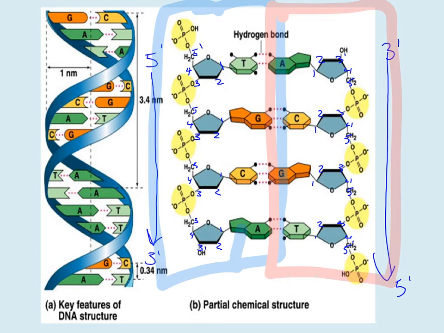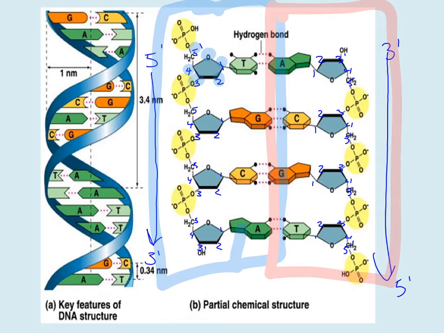On the left-hand side, I know that this is oriented in a 5' to 3' direction. And how I know this is I look at my sugars, I find my oxygen, which is right here, and then I start counting to the right. There's 1 carbon, 2nd carbon, 3rd carbon, 4th carbon, 5th carbon. So at the very top, it's 5, and at the very bottom of the sugar, it's 3.